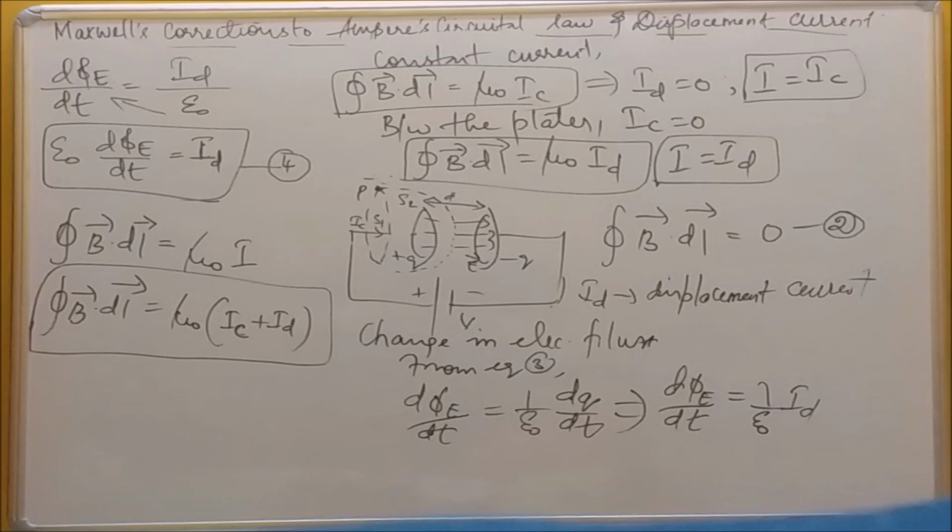Between the plates, IC equals 0, and at that time the equation becomes B vector dot dl vector equals mu naught into ID, right? So ID equals 0 means the total current I equals IC. And IC equals 0 means the total current I equals ID. This is an important 1 mark question. Okay, that's all.